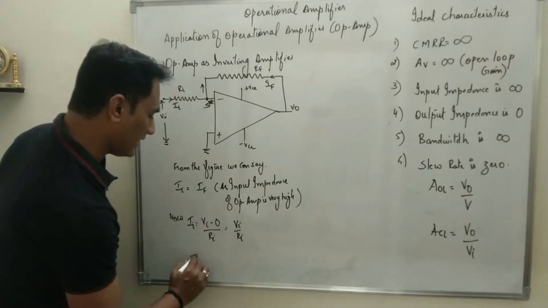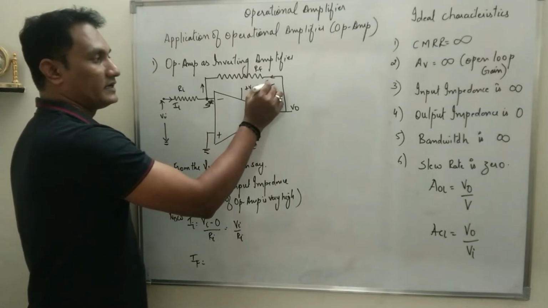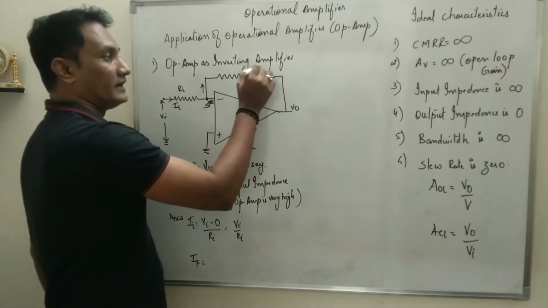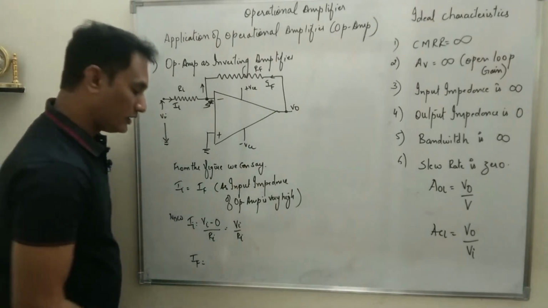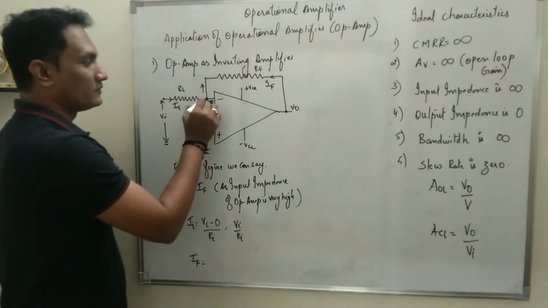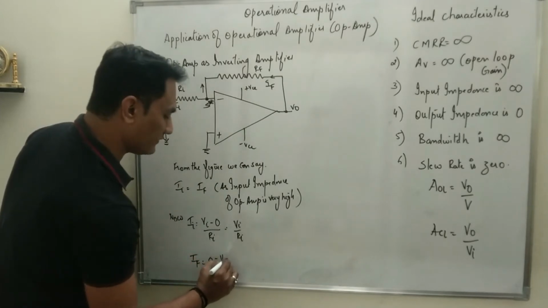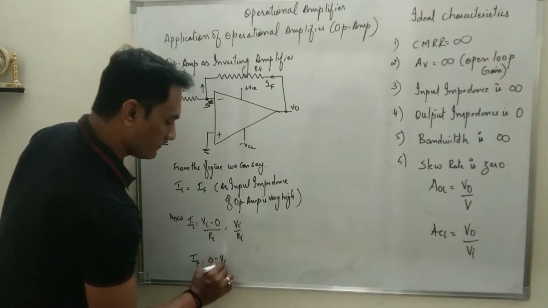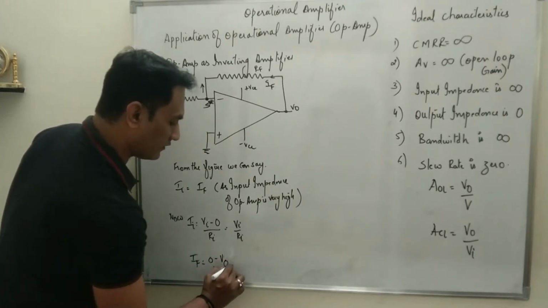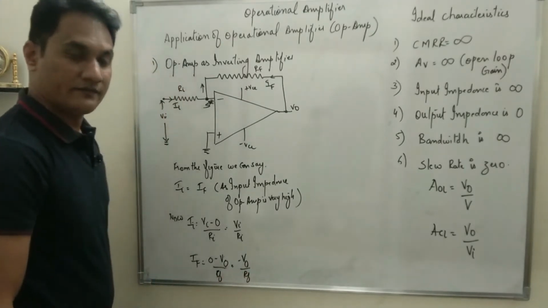Similarly, what is IF? Feedback current is the current flowing through RF, and RF is connected between the summing point and the output voltage. So potential difference divided by resistance: it will be 0 minus V0 upon RF, or minus V0 upon RF.